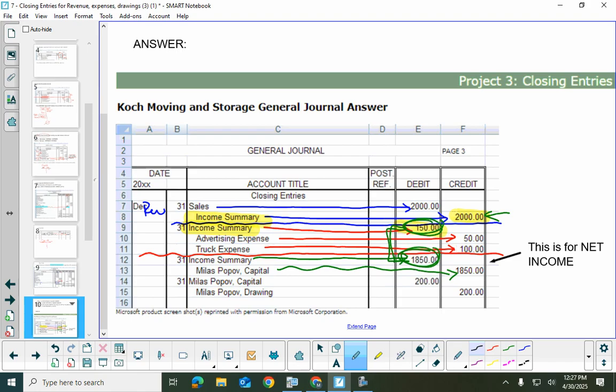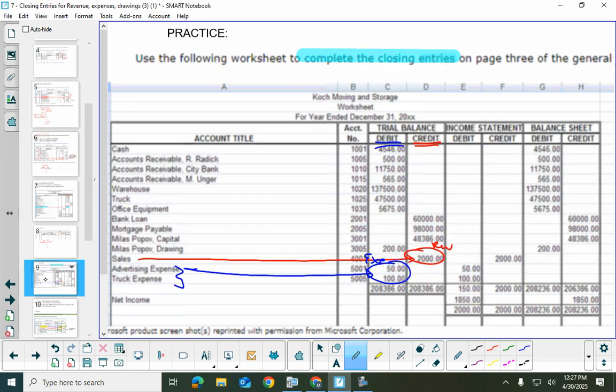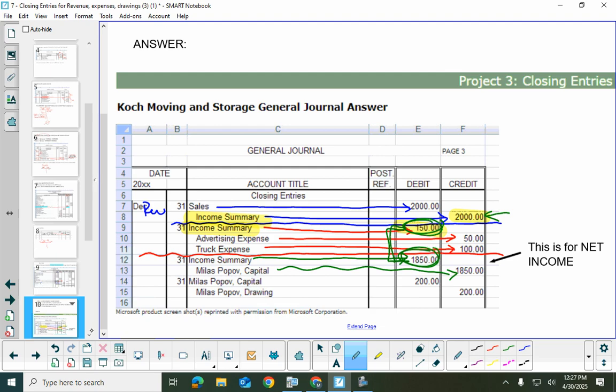Okay? And then finally, drawings. Drawings is right here. Drawings has a debit balance of $200. So to close out drawings, we're going to credit drawings, which means we're going to debit capital.